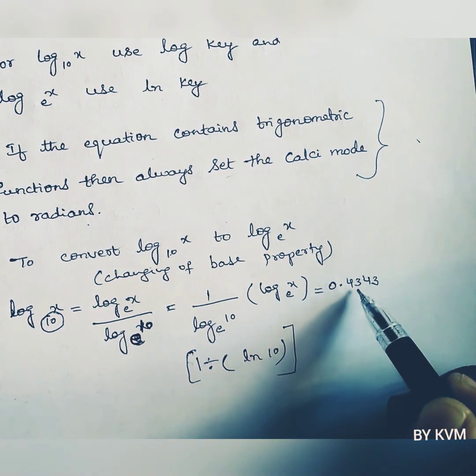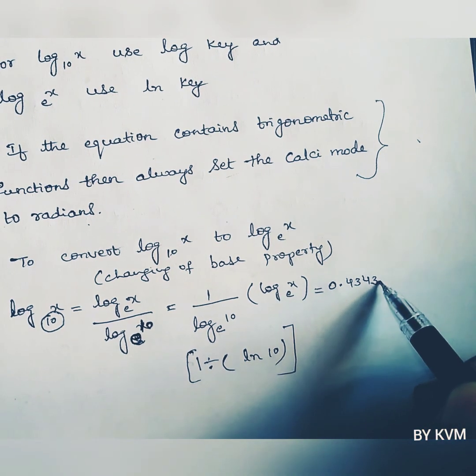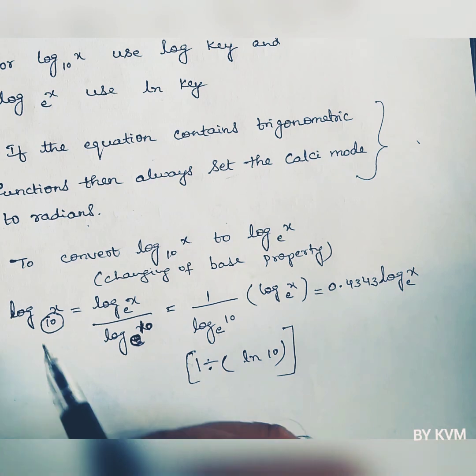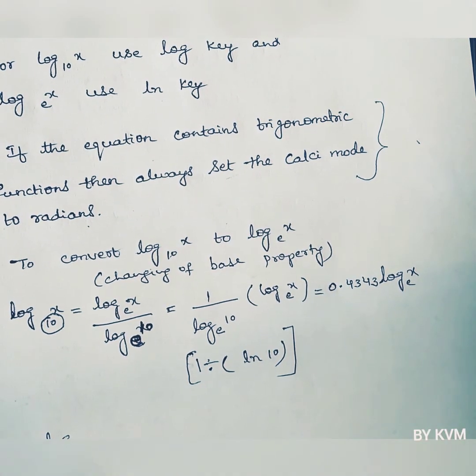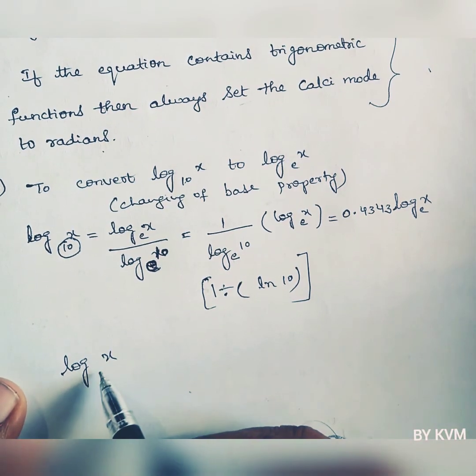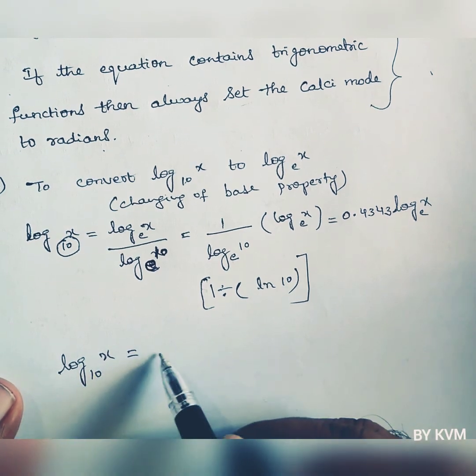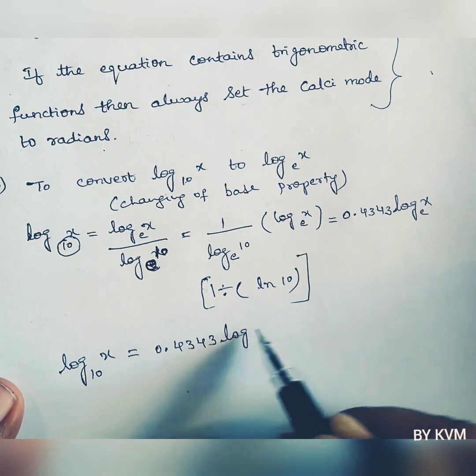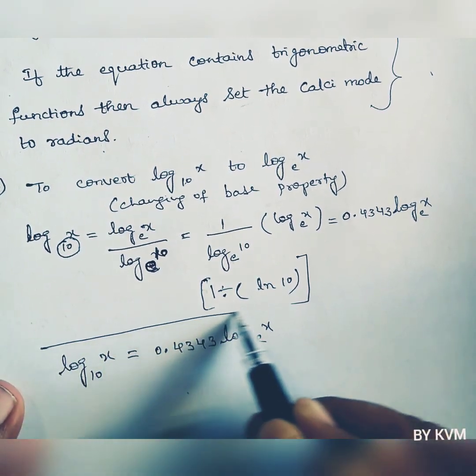It gives 0.4343. So log x to the base 10 is 0.4343 times log x to the base e. You have to remember this.